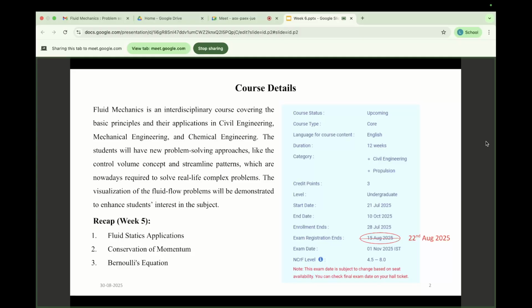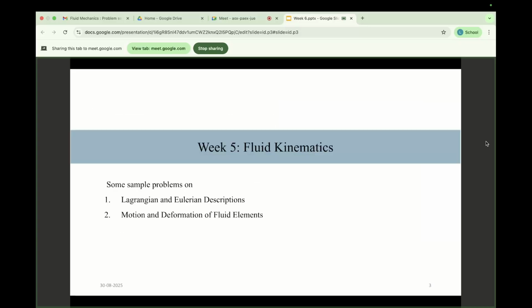If you have missed these topics, you can go through the uploaded link of the video, and you will easily get to know what topics were taught in that interactive session. It will be better if you go through them, as each topic is interlinked with the next one, so that will be vital for you. In this week we will deal with fluid kinematics.